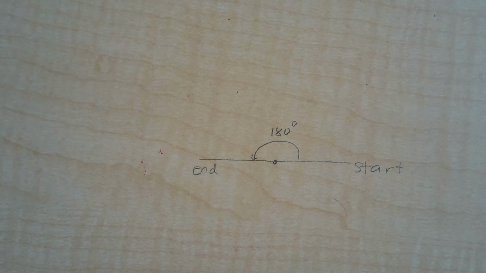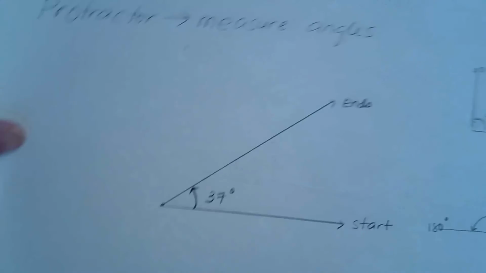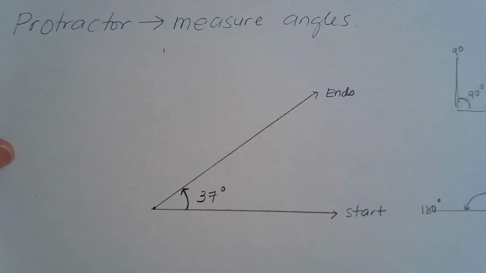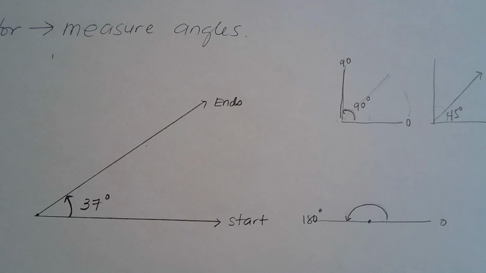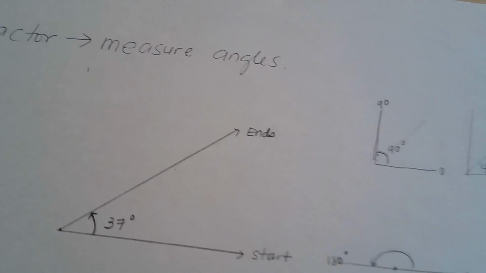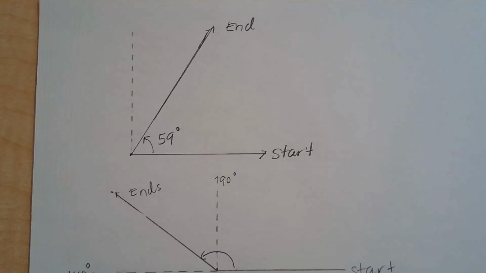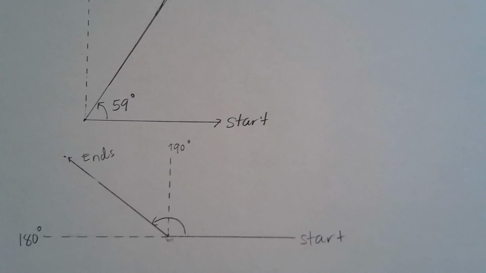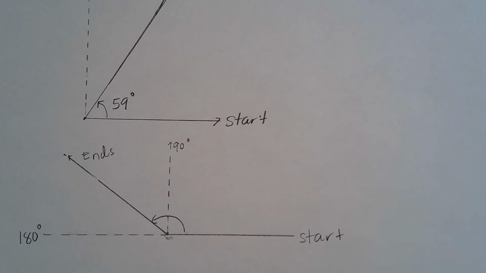So just to summarize everything, we talked about what a protractor is. A protractor is used to measure angles, and then we used the estimation of angles here. That was pretty fun. We drew some angles and then we estimated some angles in here.